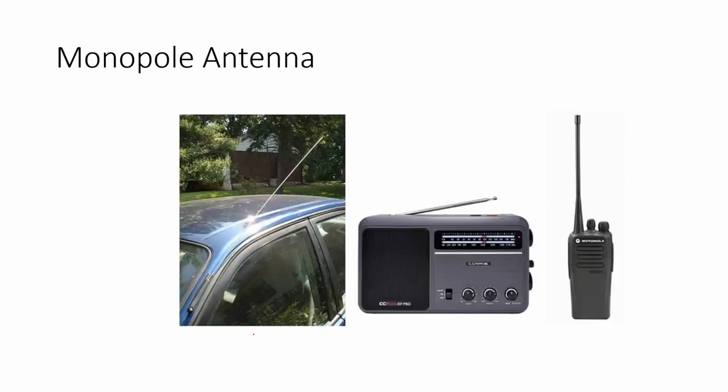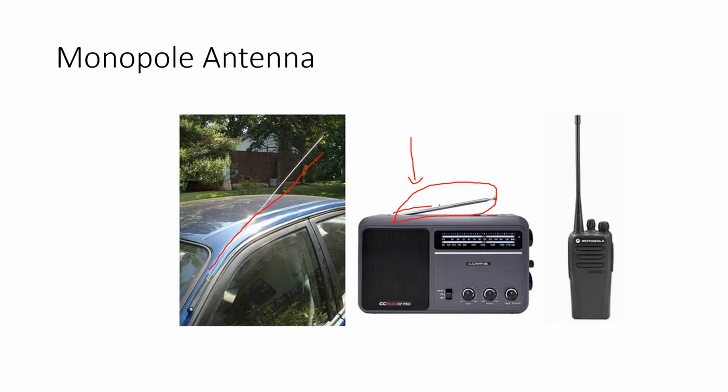Here I have given some pictures. Here we have one dipole antenna which is fixed on a car to receive FM signals. In those days, two or three decades back, we had transistors.